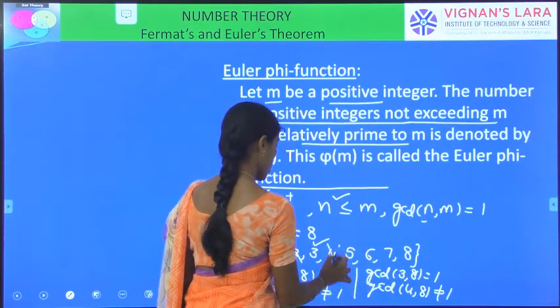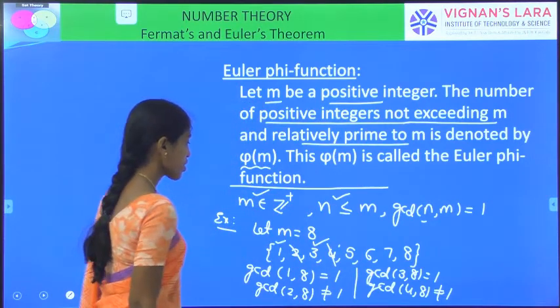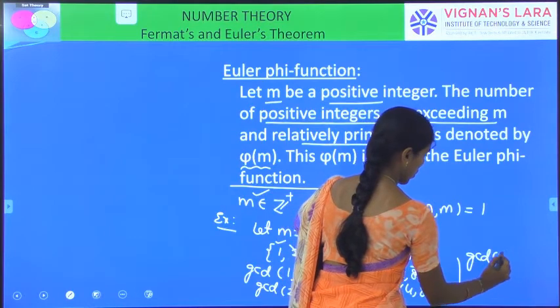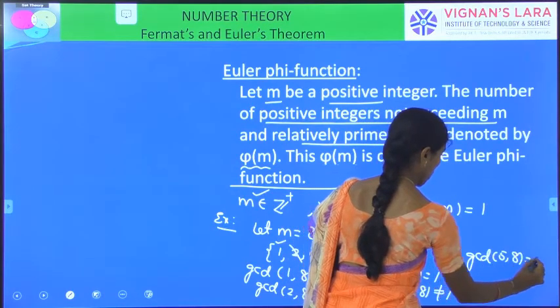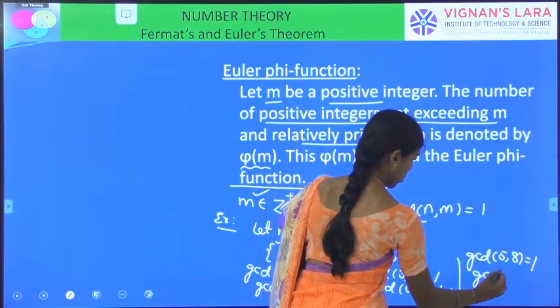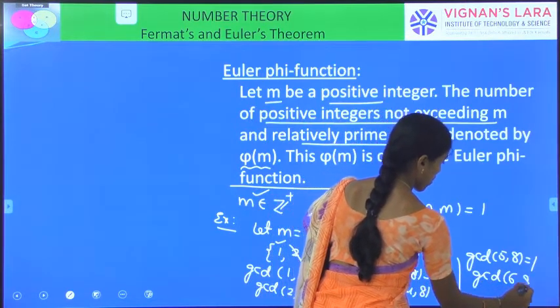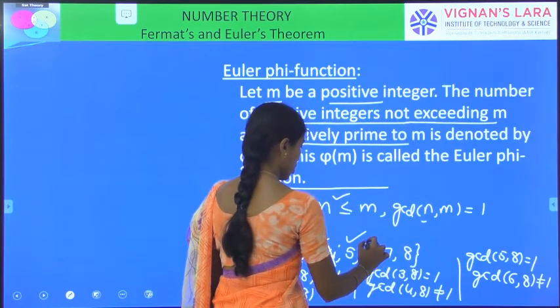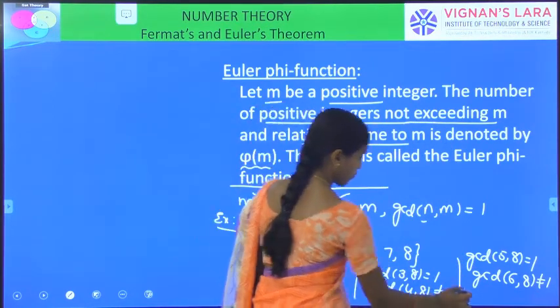It is not satisfied. Next, GCD of 5 comma 8 is equal to 1. It is also satisfied. GCD of 6 comma 8 is not equal to 1. It does not satisfy.